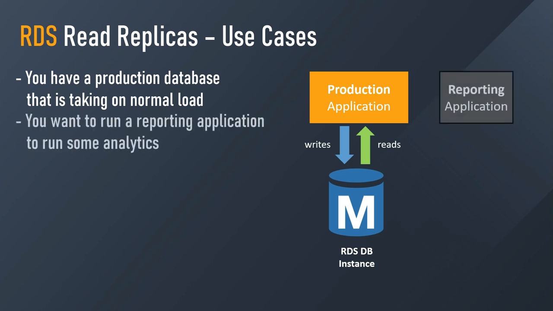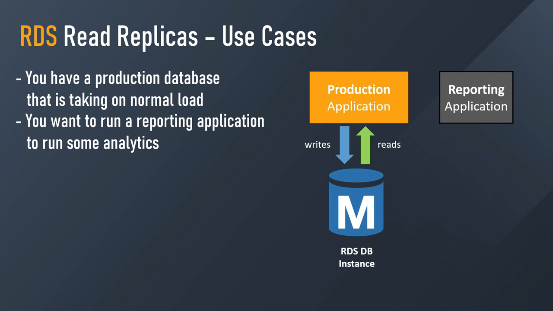And a new team comes in and says, we want to run some reporting and some analytics on top of your data. And so if you plug that reporting application onto the main RDS database instance, then it's going to overload it and possibly slow down the production application, and you don't want that.